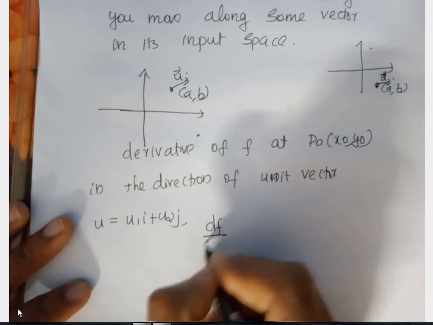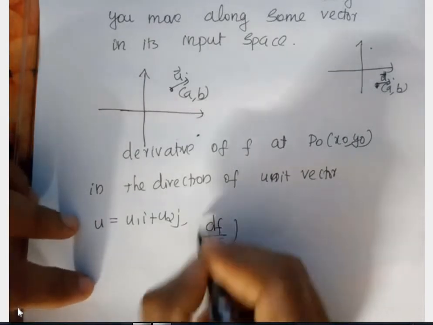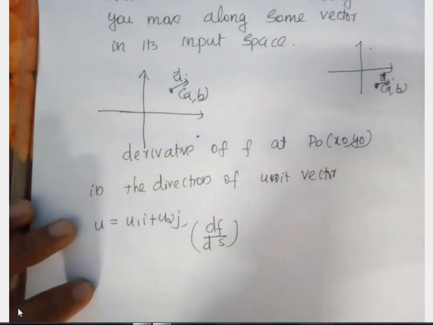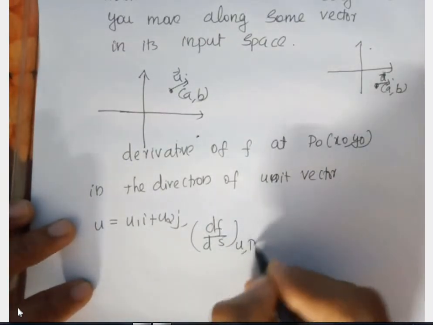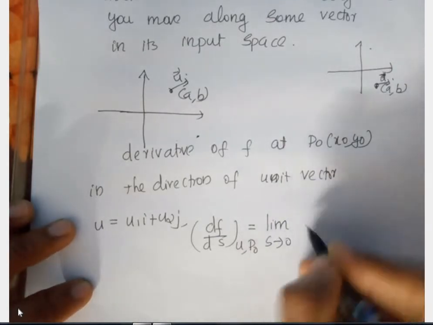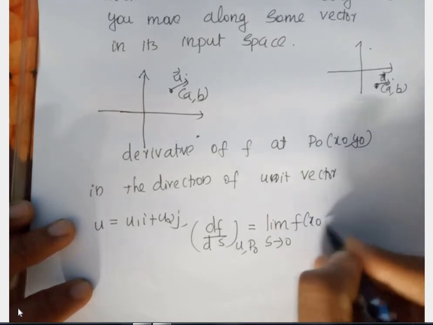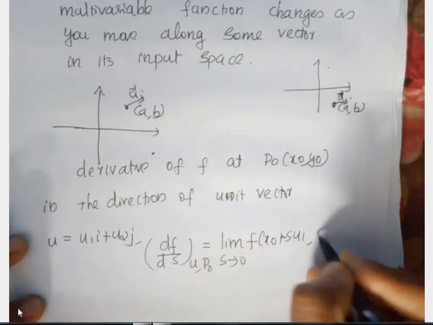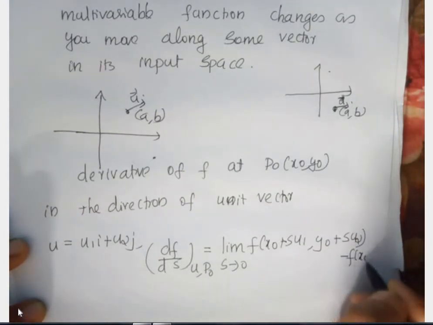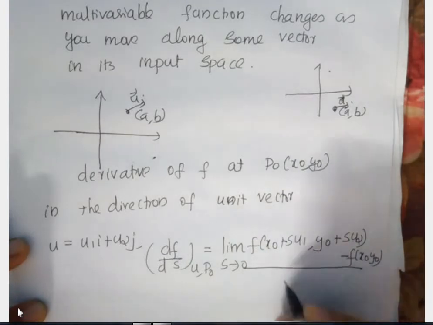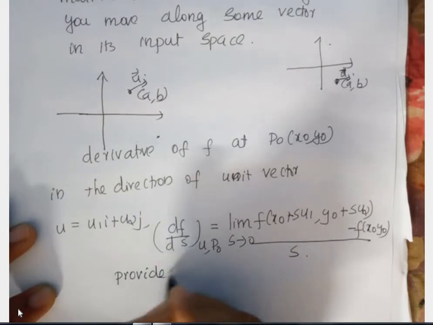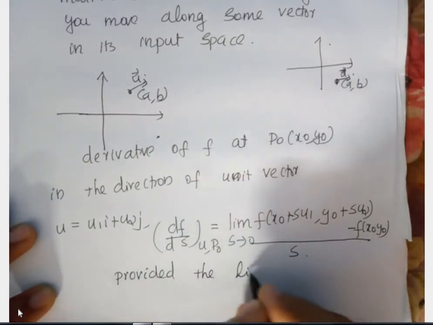This is defined as df by ds in the direction of u at the point P naught, which is the limit as s tends to 0 of f of (x naught plus s u1, y naught plus s u2) minus f of (x naught, y naught), divided by s, provided the limit exists.